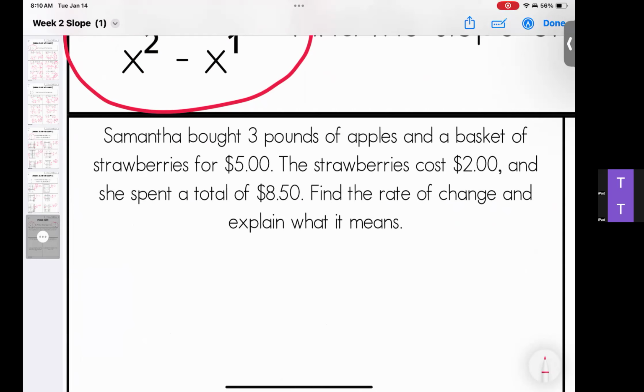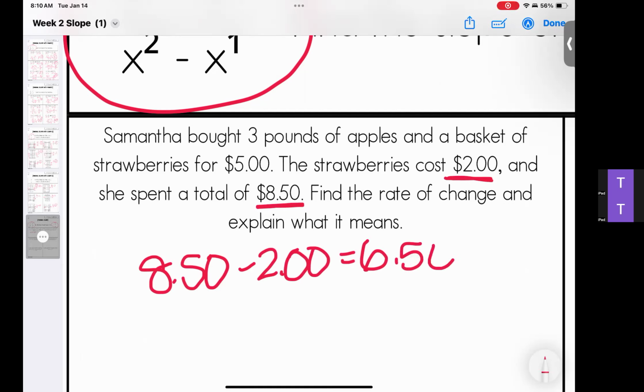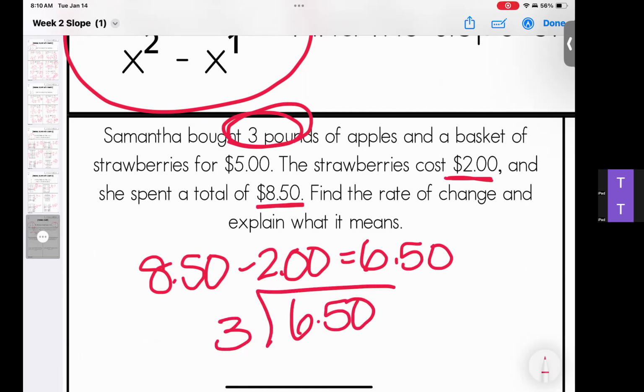So if she spent $8.50 and she had strawberries that were $2, we're looking to see what the apples are. So she took that $8.50, $2 of that is the strawberries, which is just a straight cost. 3 pounds of apples. That is the varying amount. We don't know what the cost is because it's per pound.